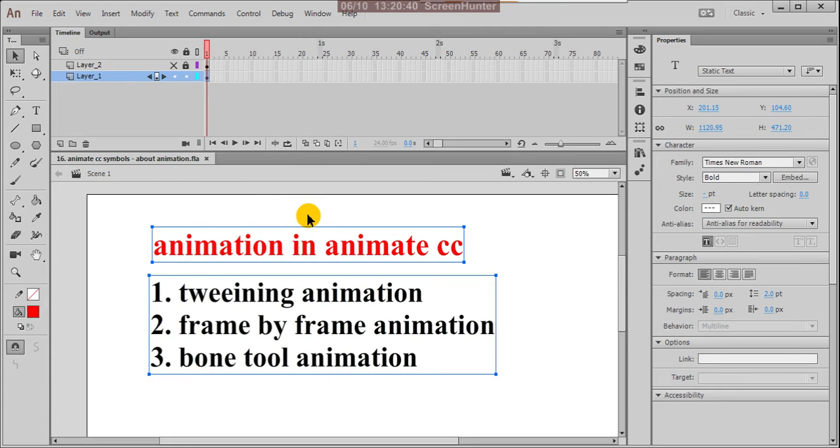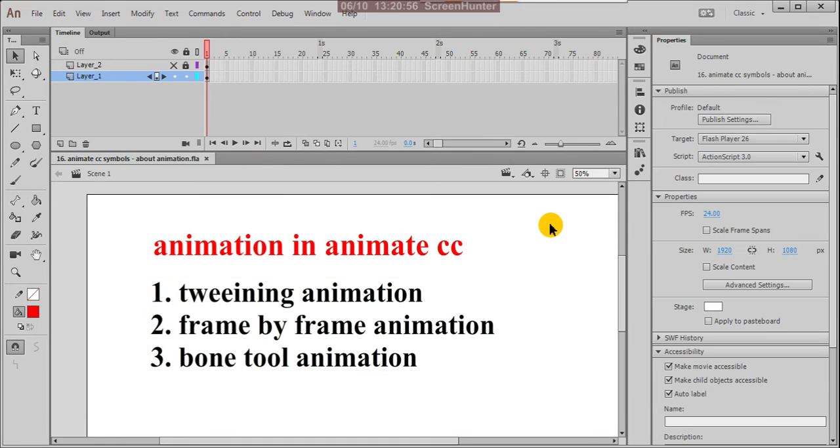And suppose, already I told you that animation runs at a particular speed of frames. Particular speed means here we use 24 frames per second. If you observe the properties on the right side, the frame rate is displayed by default as 24 frames.